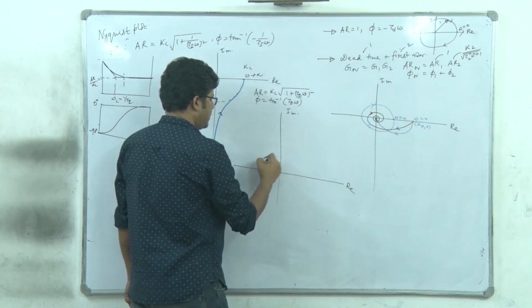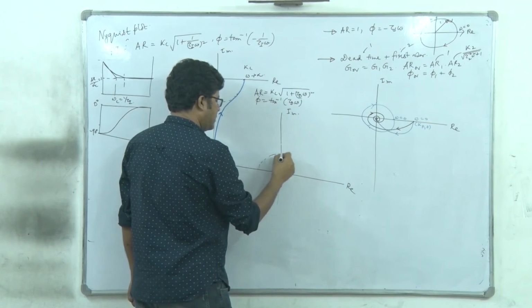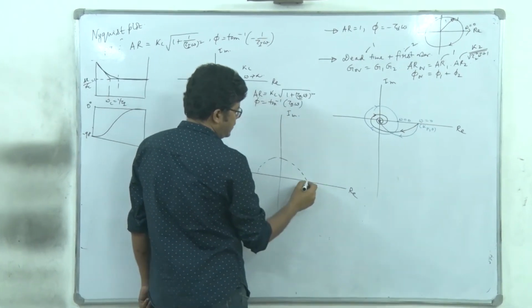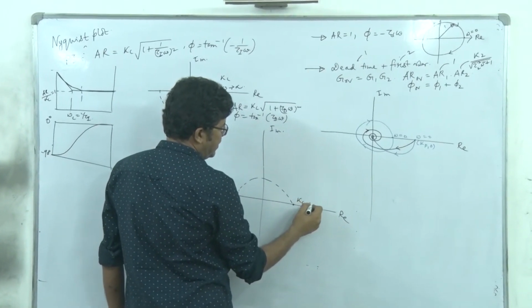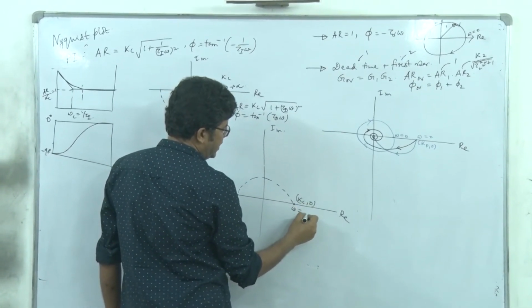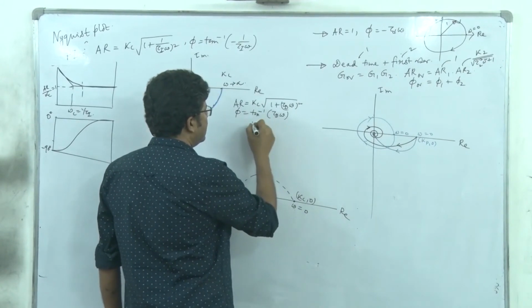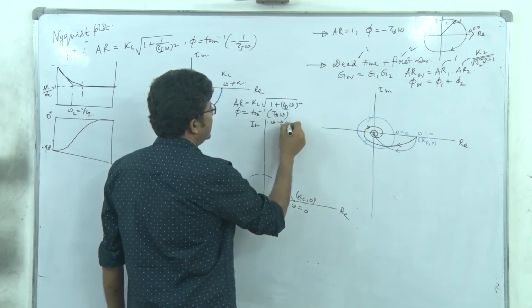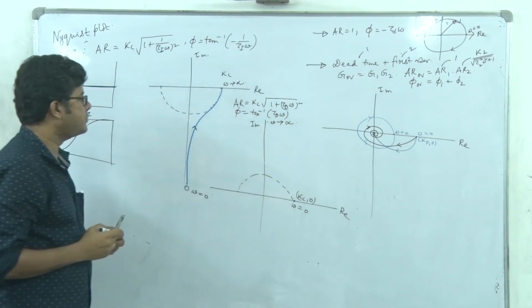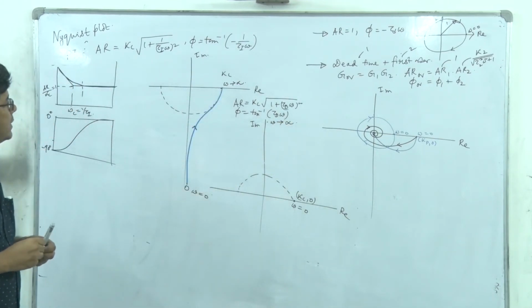So again we draw this circle. Now here this Kc comma 0, that point is omega equal to 0, right, and far away here it's omega tending to infinity. Why?